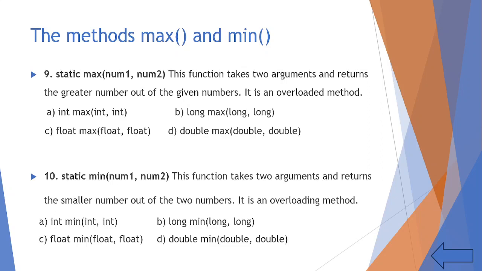And static min, there is a function called min also. 4 overloaded functions take 2 parameters and return the same data type. If you send long numbers, they return long; double, float, int likewise.